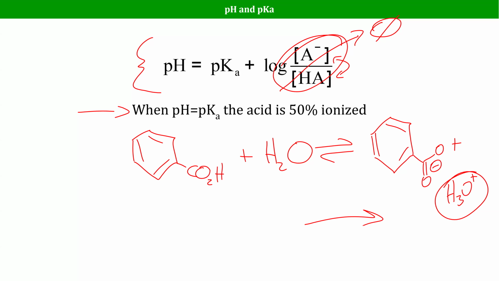If you make the solution more acidic, you're gonna go the other way. If you make it more acidic, you're adding more of the product, so it's gotta shift left to undo that and get more balance. The other way you can think about it is when something's acidic, there's lots of H pluses around, so you're more likely to protonate something. If it's basic, there's hardly any H pluses around, so you're more likely for it to be deprotonated.